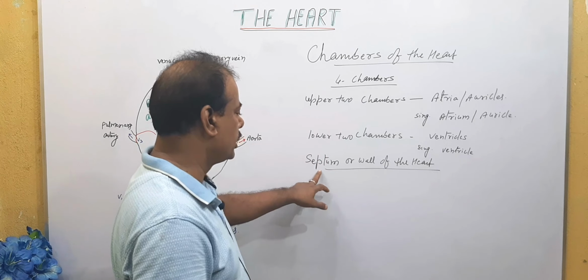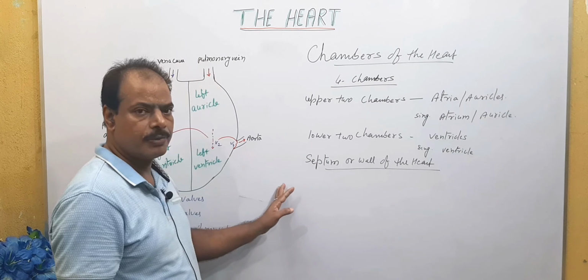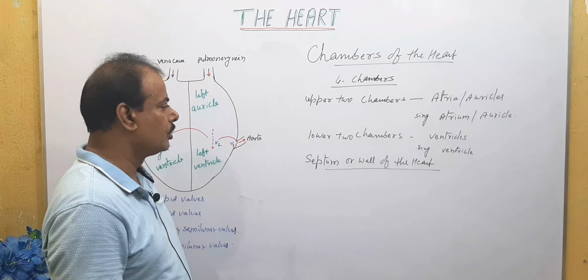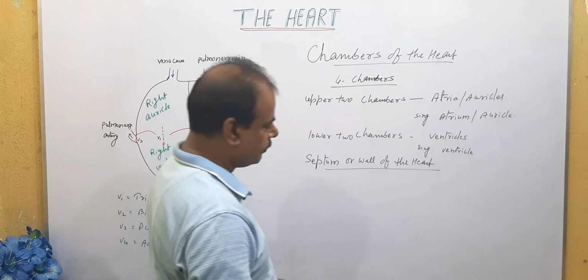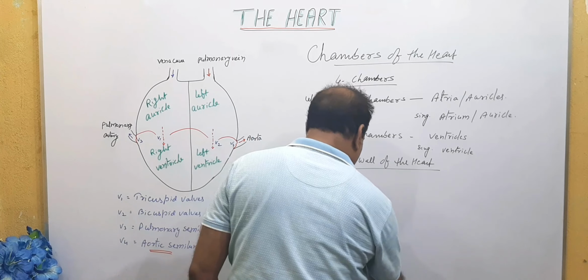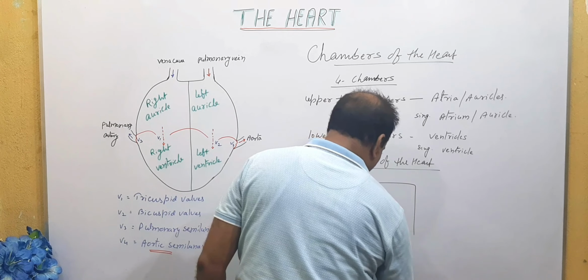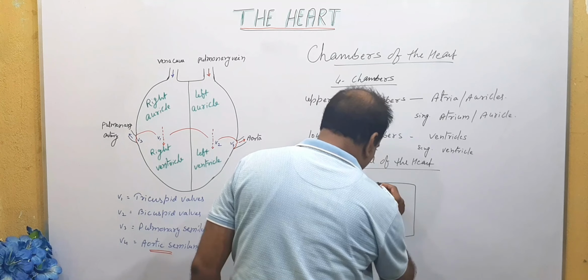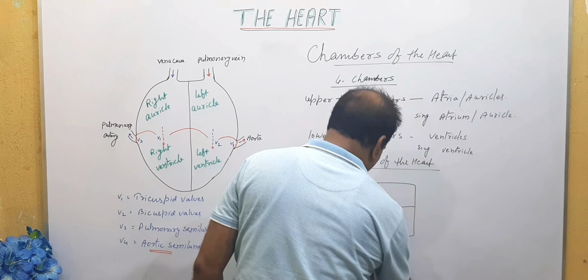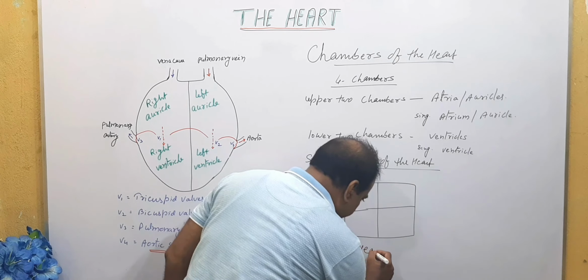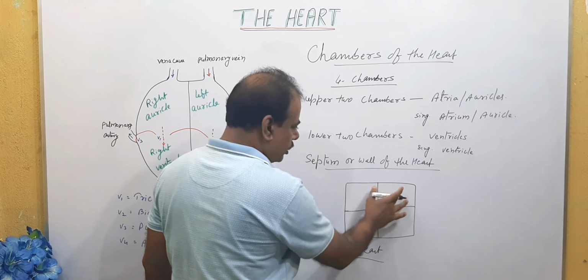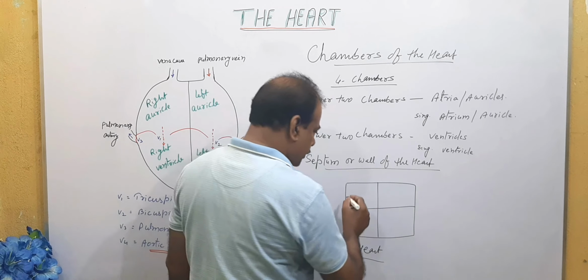The wall is known as the septum and it is made up of cardiac tissue, cardiac muscle. Suppose this is the heart, and 1, 2, 3, 4 are the four chambers.